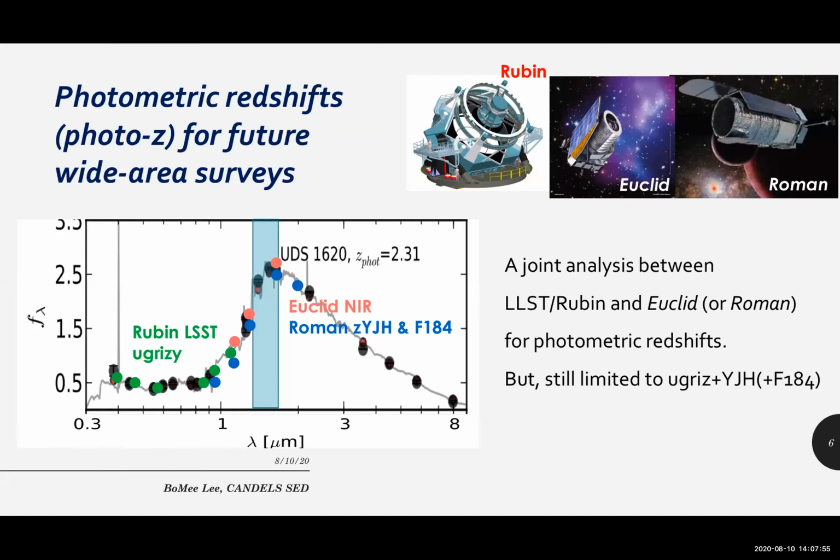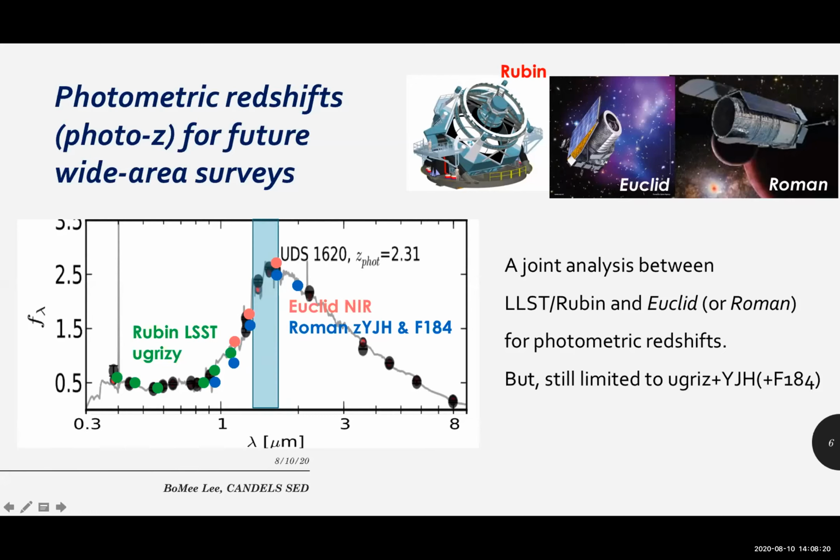However, those surveys have a limited number of bands. In this galaxy SED, the green points here are the Rubin LSST bands, ugrizy bands. The orange points here are the Euclid near-IR bands, YJH. And the blue circles are the Roman GYJH plus F184 bands.